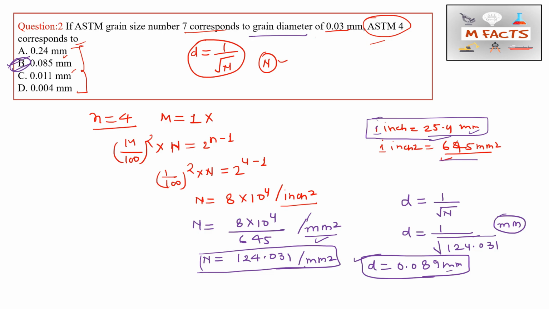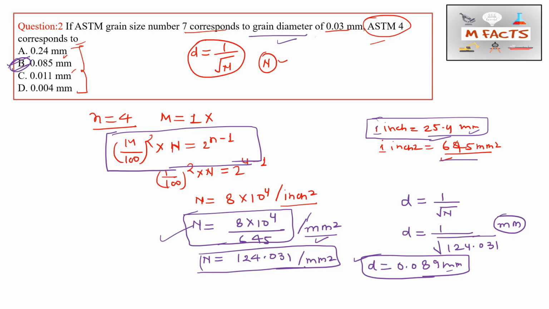I think now it is clear to you how to calculate the grain diameter, how to calculate the area of one grain, and how to calculate the grains per square inch. This formula is very important for this type of question. You should remember these things, and you should also know how to do the unit conversion. While practicing, you will do it like this every time, as I did in the previous part also.